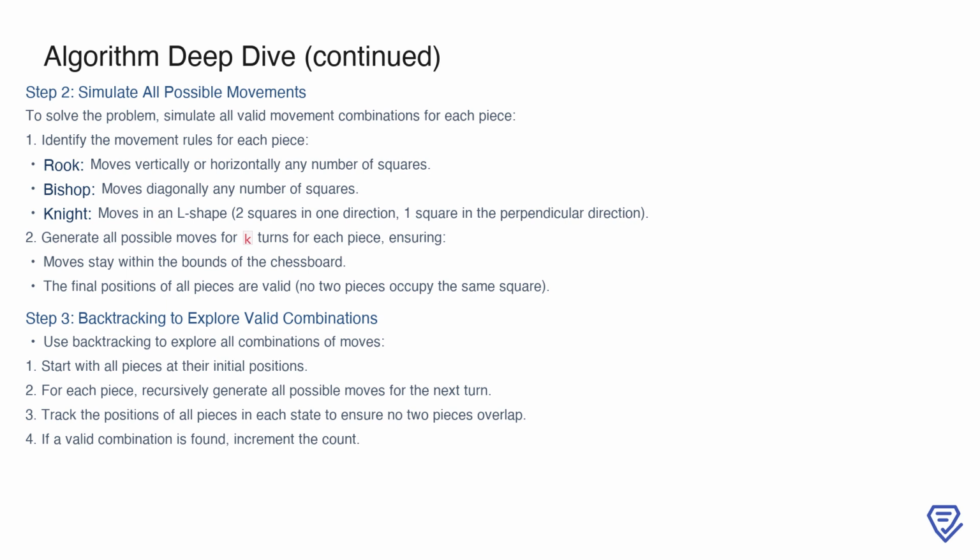Backtracking is then used to explore all combinations of moves. Starting from the initial positions, the algorithm recursively generates each piece's moves turn by turn, while tracking the positions of all pieces to maintain validity. By incrementing the count whenever a valid combination is identified, we systematically explore all possible configurations.